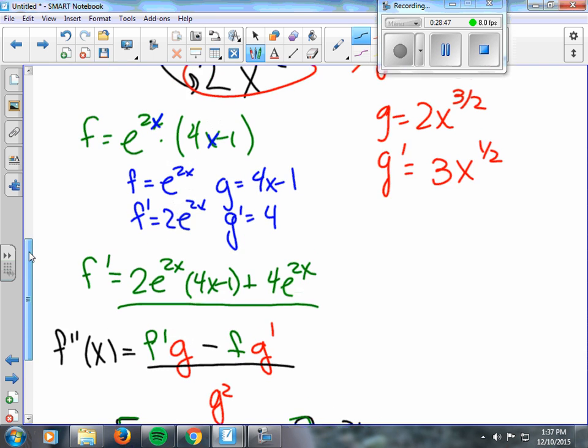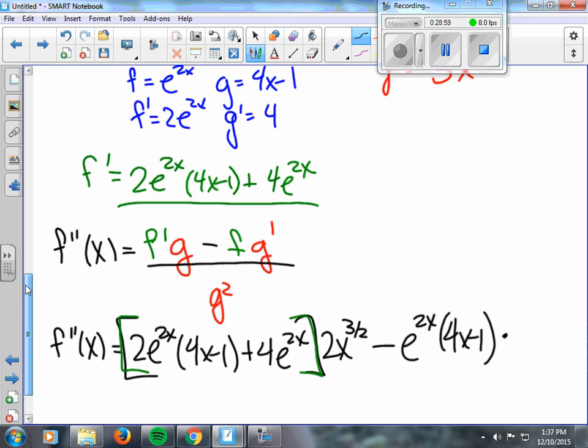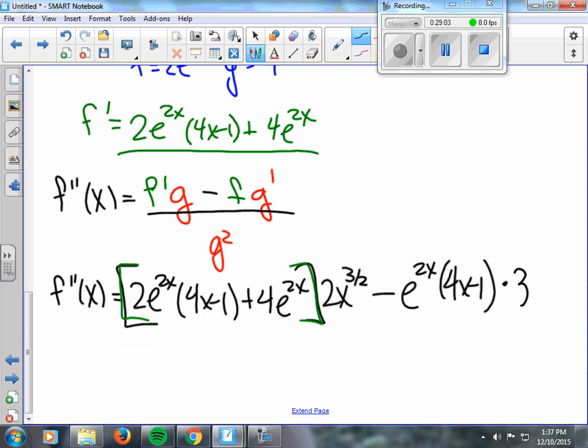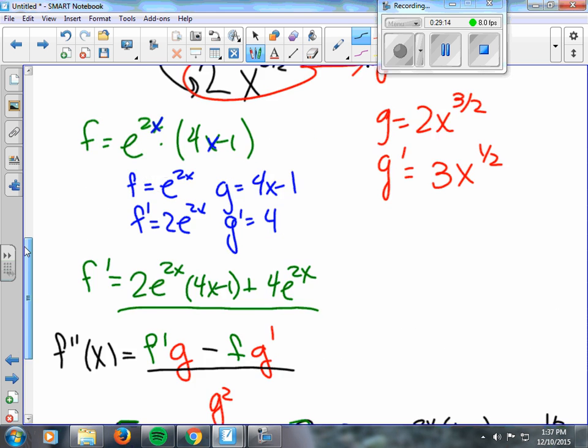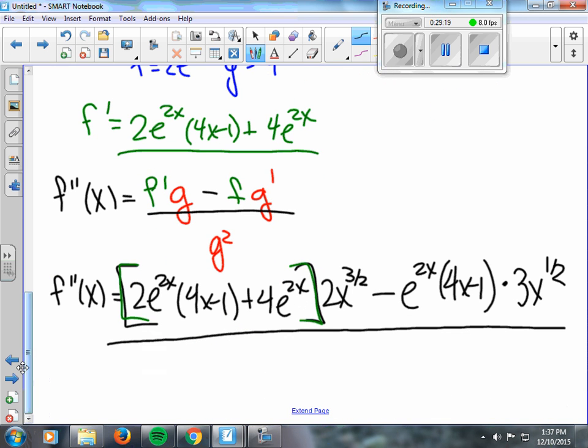F in itself is not a pretty guy. E to the 2x, 4x minus 1. Times g prime, who is just 3x to the 1/2. All divided by g squared. G was 2x to the 3/2. When I square that, that will give me 4x cubed.